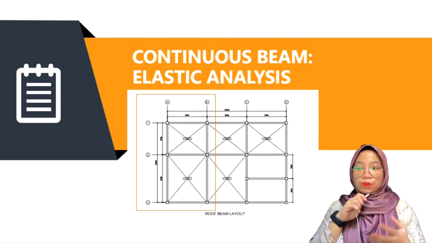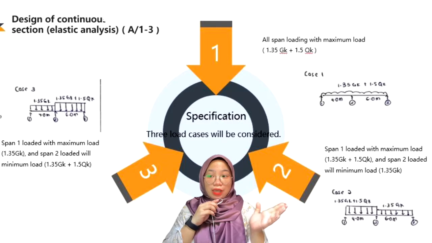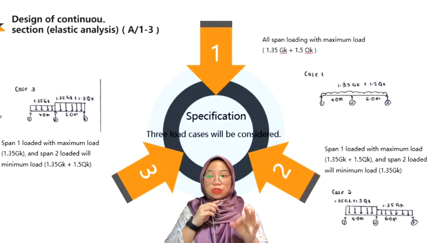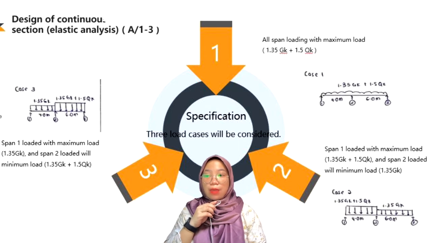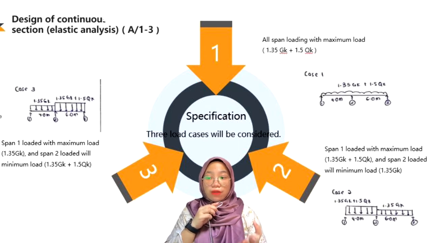So, what is exposed on this slide is the roof beam layout, where the area we target is A/1 until 3. Three load cases will be considered. Among them are all span loading with maximum load 1.35 GK plus 1.5 QK.